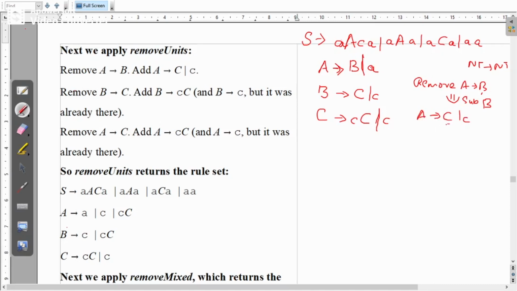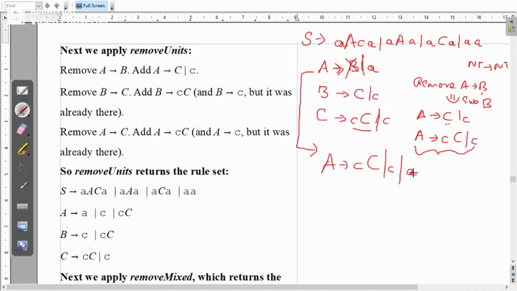So now apply the production of C. A gives, the production of C is CC or C. So CC or C. So these are the rules you have to apply. You have to remove this particular rule and apply A gives, in place of B you have to write this C, C or C or A. Okay, that is one rule, and the next rule is this one.